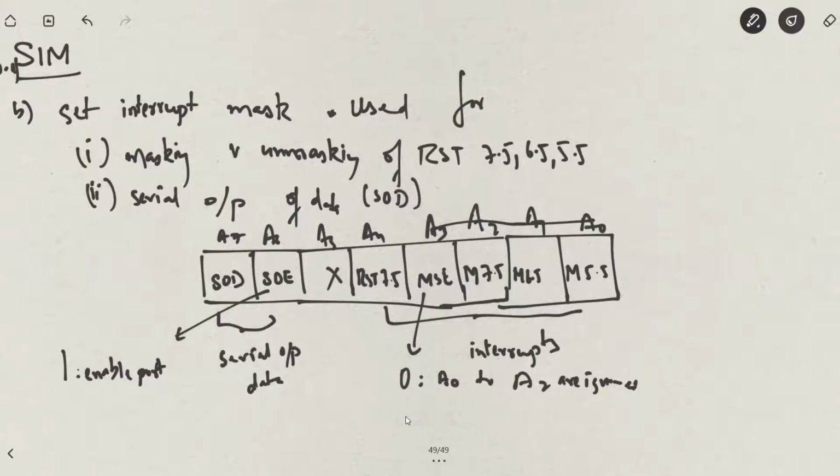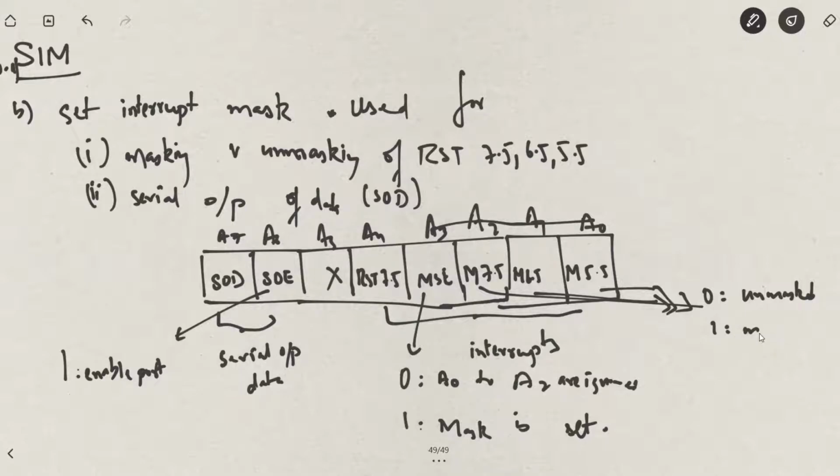If MSE is equal to 1, mask is set. So now we can use these 3 bits for certain operations. These 3 values can be either 0 or 1. 0 simply means they are unmasked, and 1 means they are masked. So you can unmask or mask RST 7.5, 6.5 and 5.5.